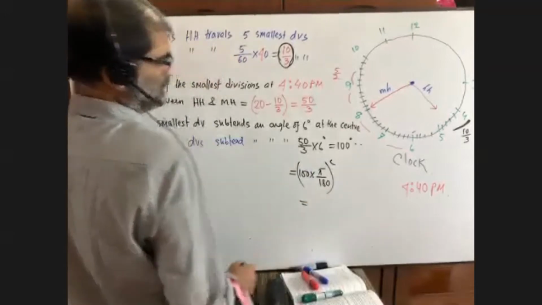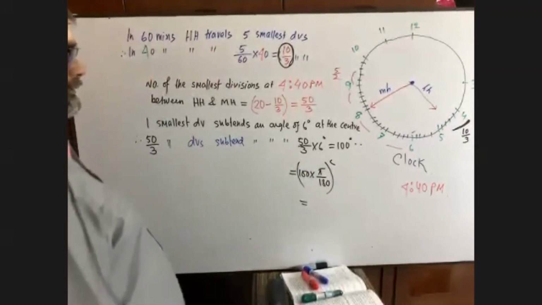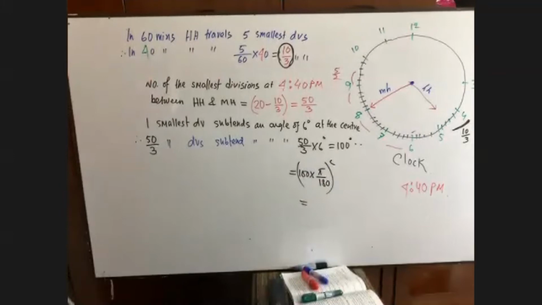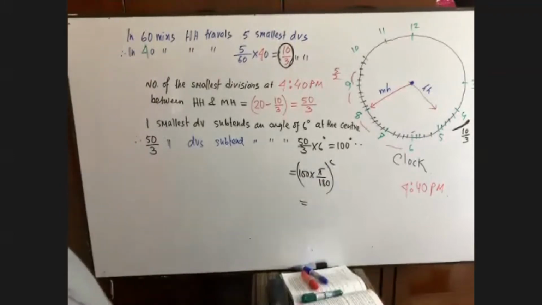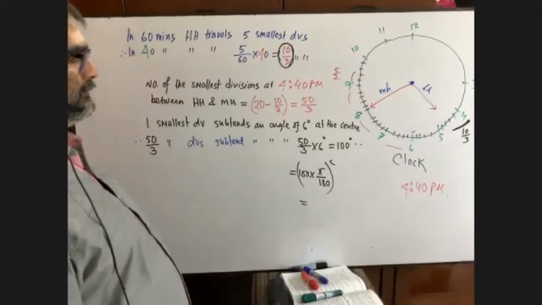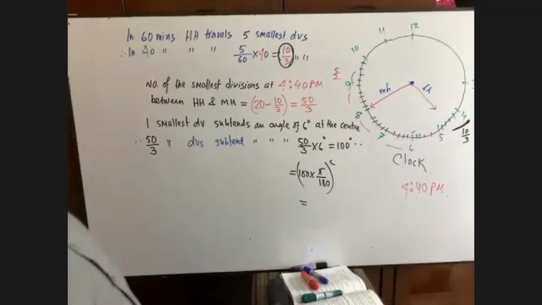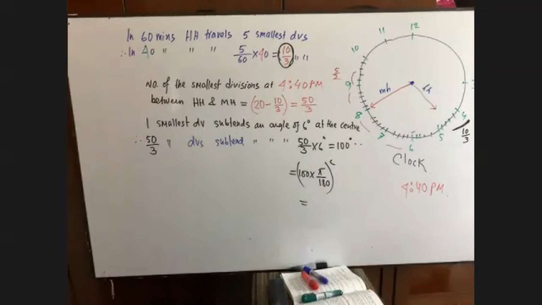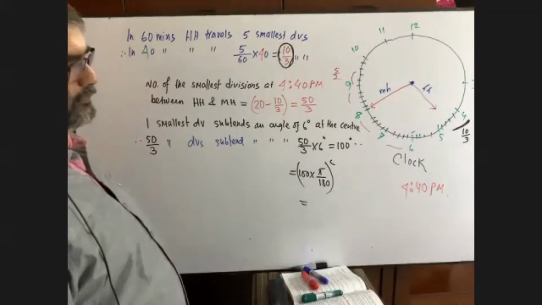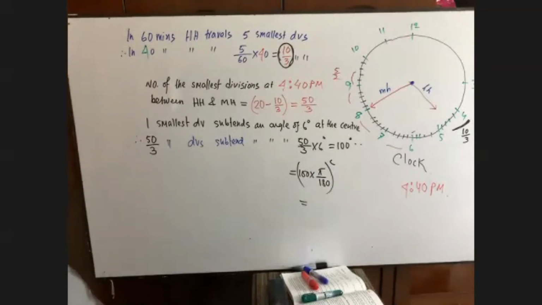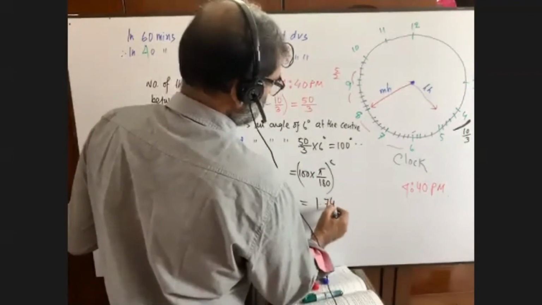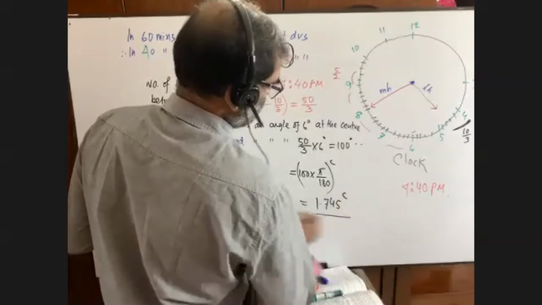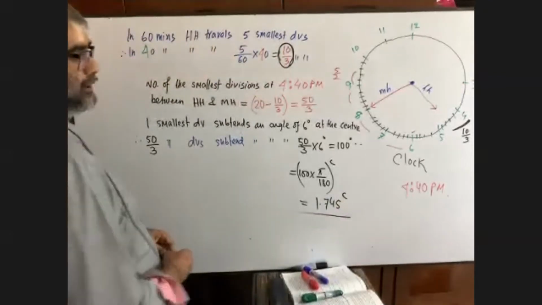What is the answer? Sir, 1.745. 1.745 radian. So okay, it's done.